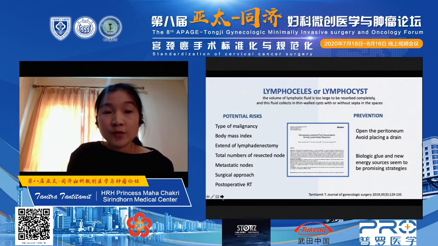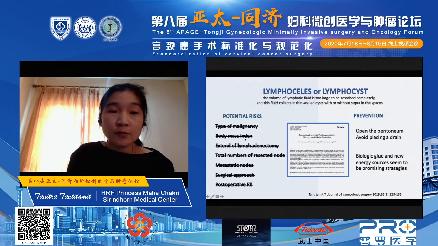Professor Holmes and I did a review about the potential risk of this complication and the way to prevent it. Previous studies focused on risks, including the type of malignancy, body mass index, extent of lymphadenectomy, total number of resected nodes, metastatic nodes, surgical approach, and post-operative radiation therapy. But the results are inconclusive. There is no significant risk factor to predict this complication.